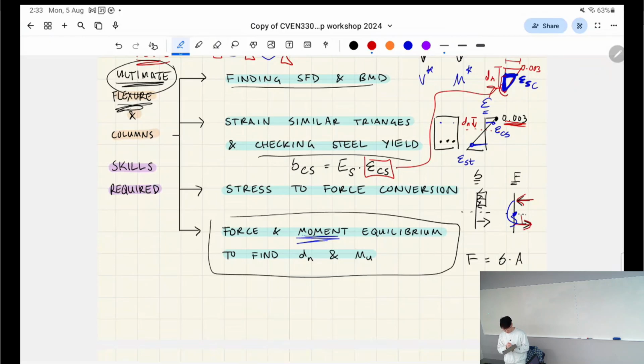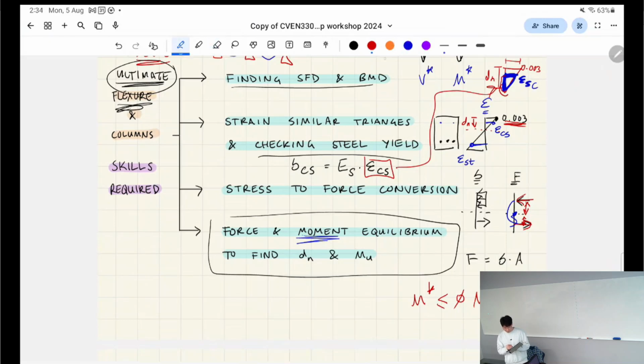You can do the lever arm however you want. You can do the lever arm as between these two things, or as this distance plus this distance. Whatever moments there are around that neutral axis, that's our capacity. That's the ultimate amount that it can take before the beam breaks, and that's what sits on this side of the equation. That's what we're trying to solve.